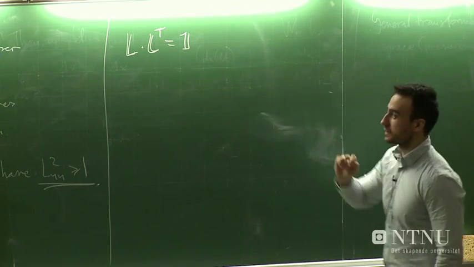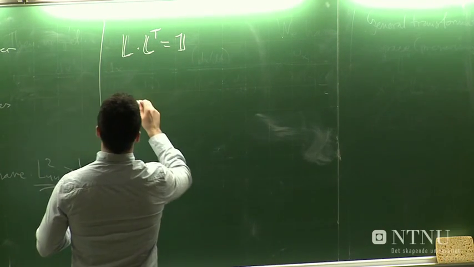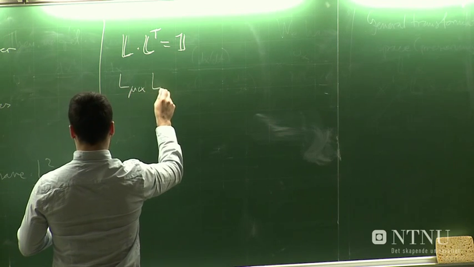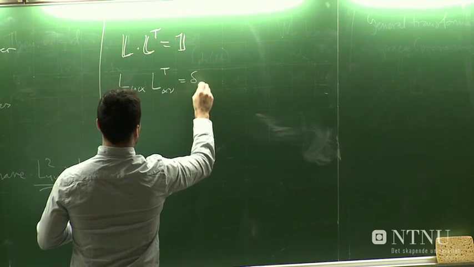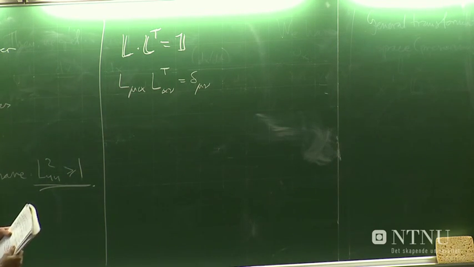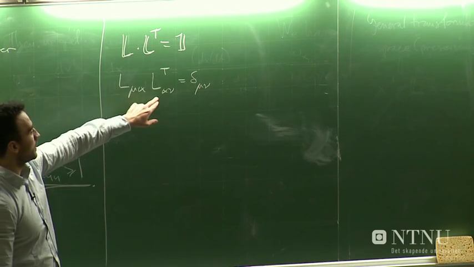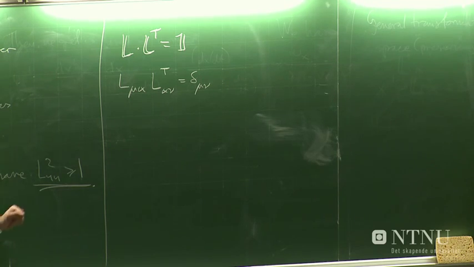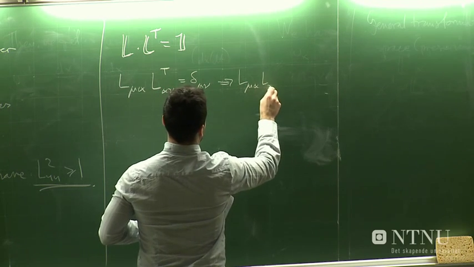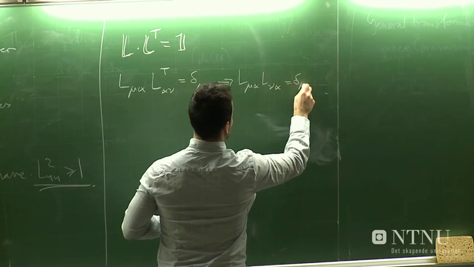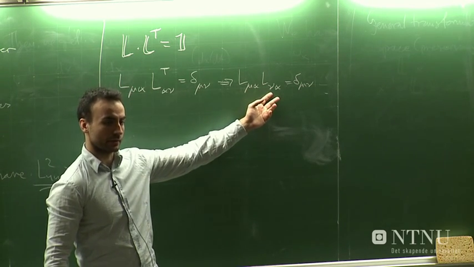So we start out with this relation for orthogonal matrices. And written in terms of these components with an implicit summation over alpha due to the repeated indices, we write it like this. So the transpose is simply obtained by shifting the two indices.